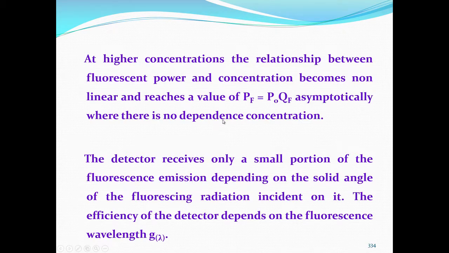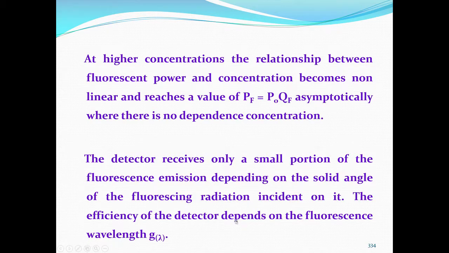This is a mathematical derivation of the fluorescence phenomena. So, actually what happens in actual practice, the detector receives only a very small portion of the fluorescence emission depending upon the solid angle of the fluorescing radiation incident on it.